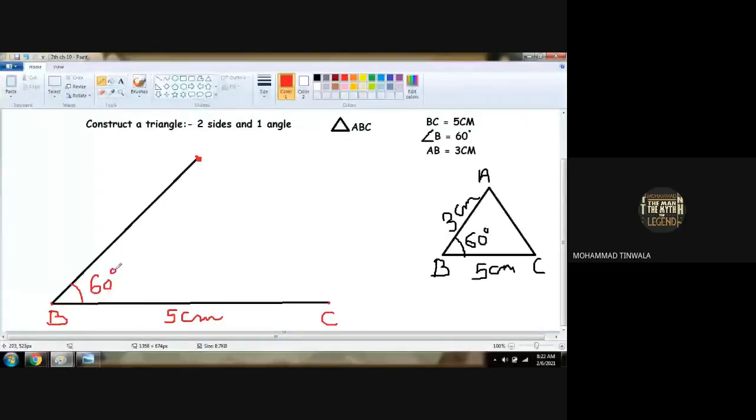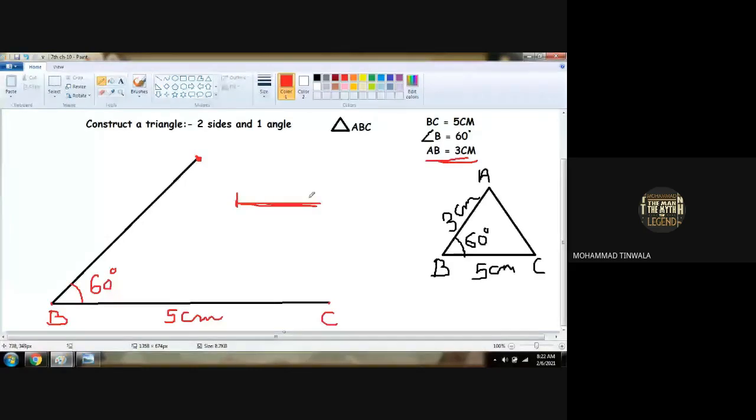What is the third side given? We have AB as 3 centimeter. Now we cannot join this directly. We have to measure AB. B is there, A is not there here. So AB is 3 centimeter. Again, we have to use a scale, an open rounder and pencil, from 0 centimeter to 3 centimeter, we have to open the rounder.